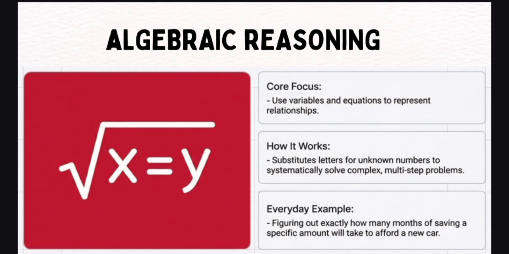For example, figuring out exactly how many months of saving a specific amount will take to afford a new car. So here the focus is mainly on variables and equations, that is to represent relationships. So this is all about algebraic reasoning.